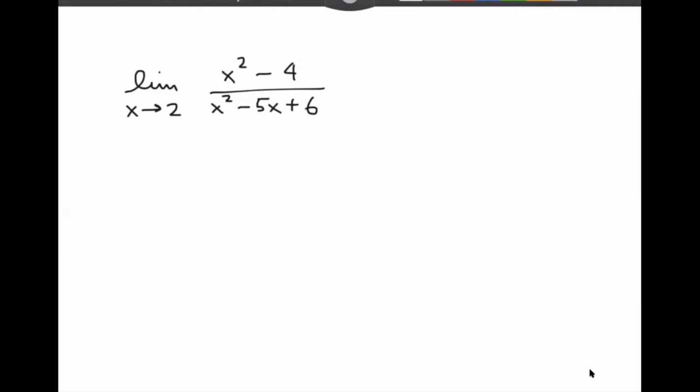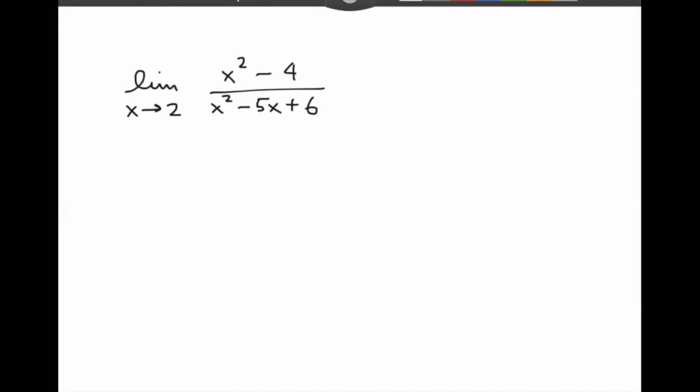All right, so of course, the first thing I try to do is substitute x equals 2. And when I try to substitute x equals 2, let me start practicing what I'm going to ask you to do when you do limit problems. The numerator evaluates to 0 and the denominator also evaluates to 0.